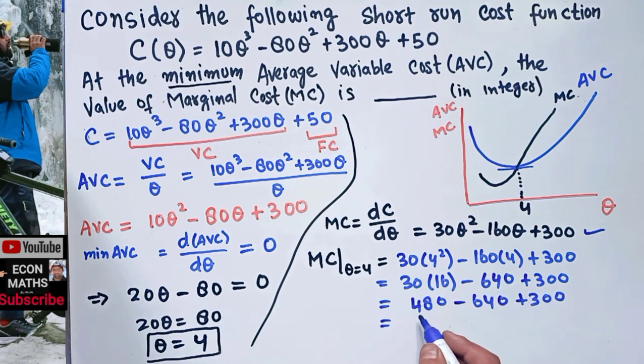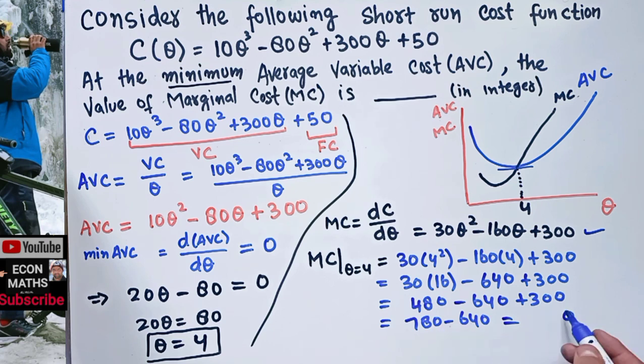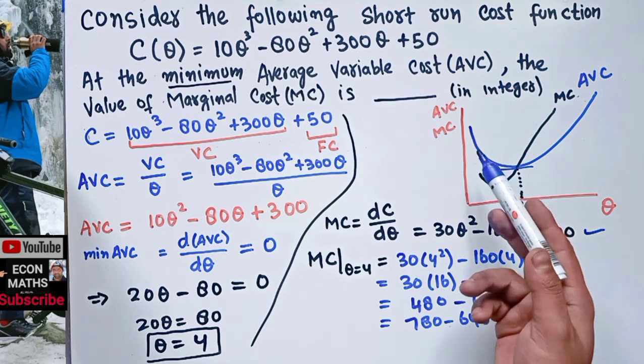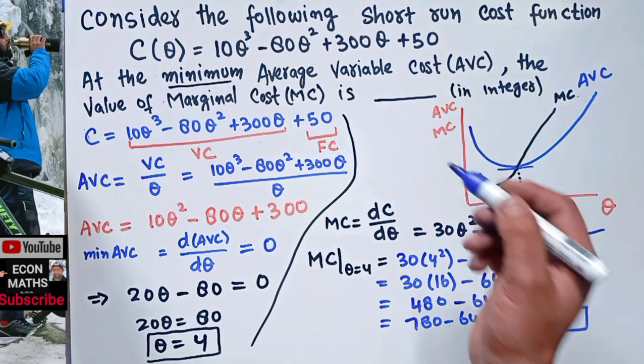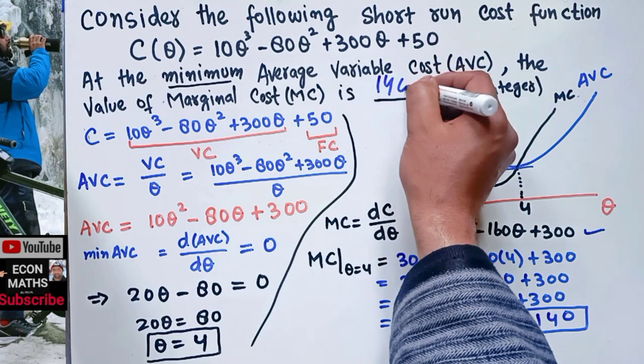This comes out to be 780 minus 640. So this comes out to be 140. That means the marginal cost where average variable cost is minimum is equal to 140.